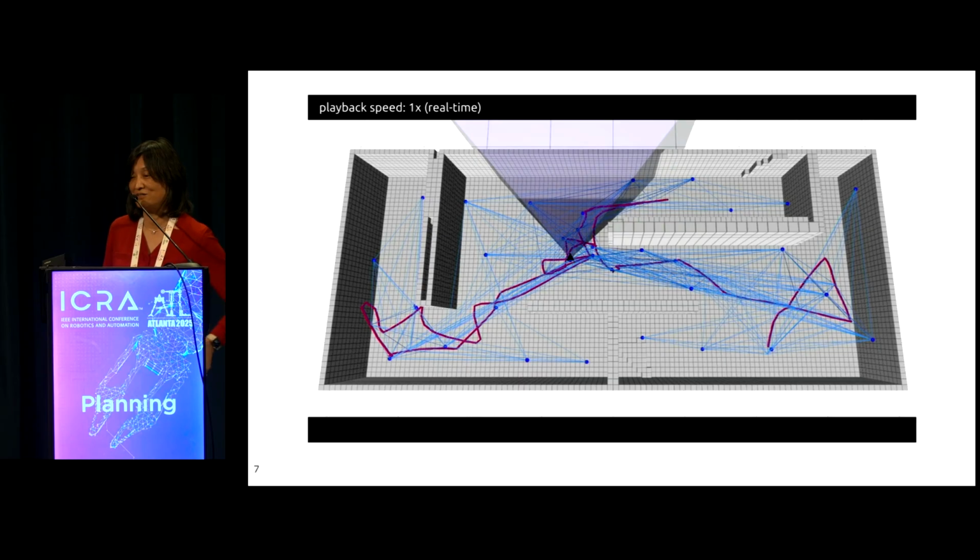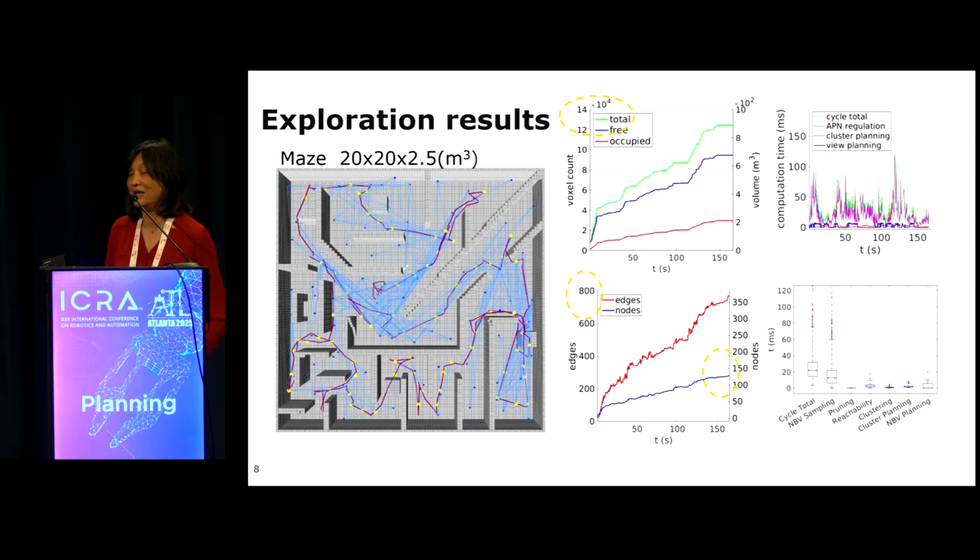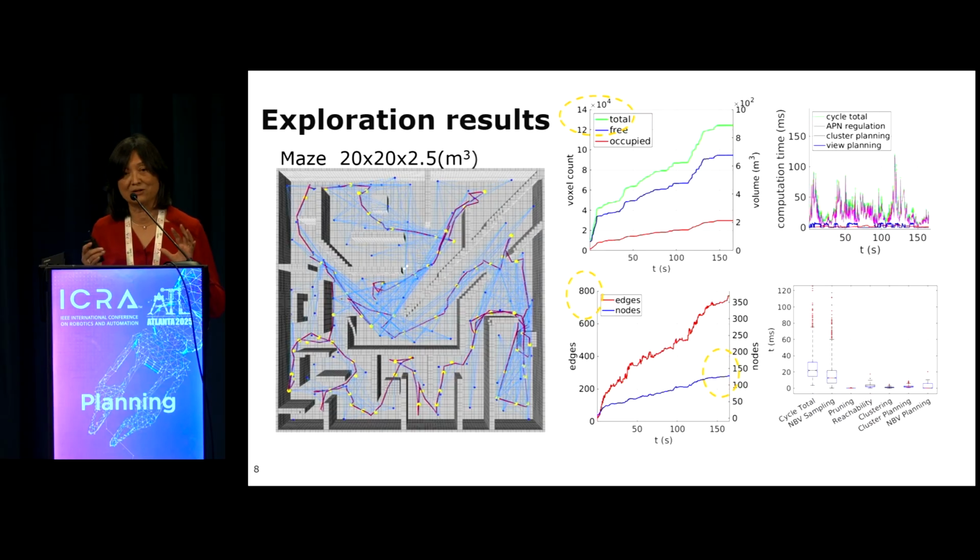So the robot goes back to its original starting location. And with this representation and graph-based planning, we can greatly reduce the space growth and time for planning. The time for planning is almost constant in milliseconds for each cycle, and the space, even though voxels grow very fast, the actual APN nodes and edges grow much more slowly.